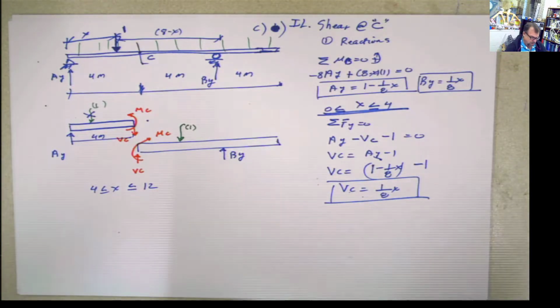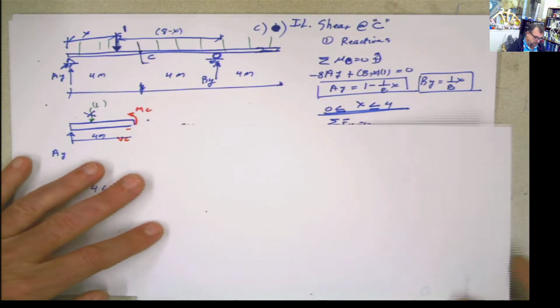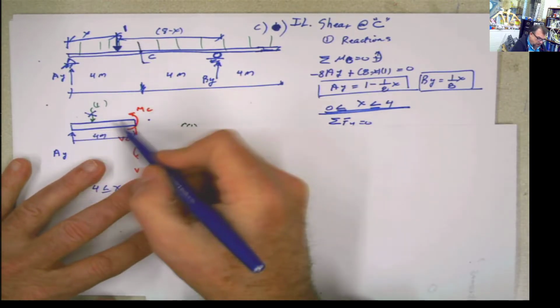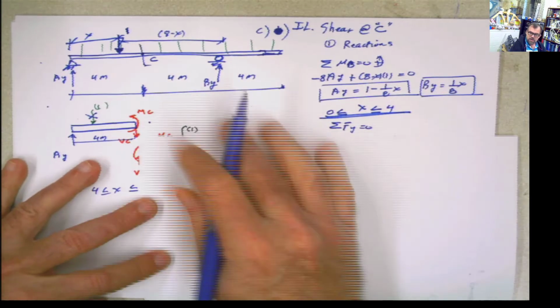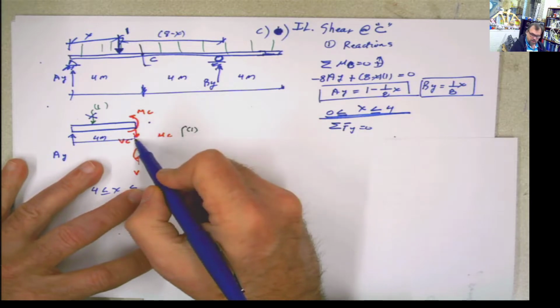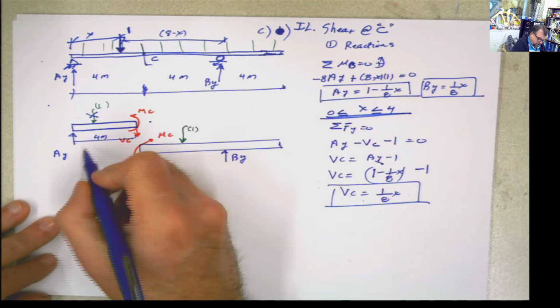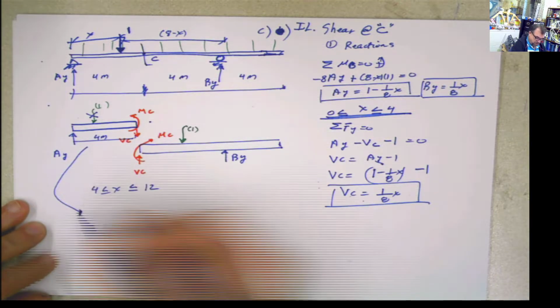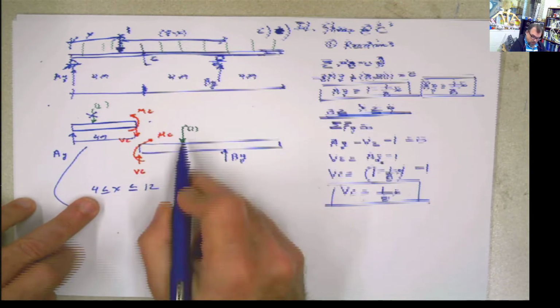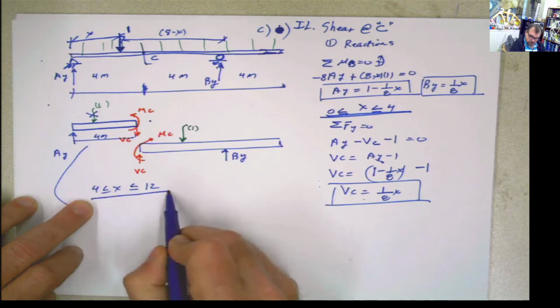I don't know why. If the load is here, I don't care about the load anymore if I calculate the shear in this value of the shear, because the load is not there. So I can use the first part, this part. I'm studying when the load is here. I'm not changing this.